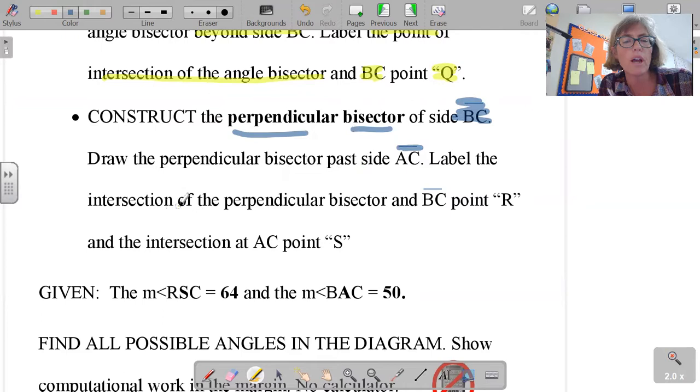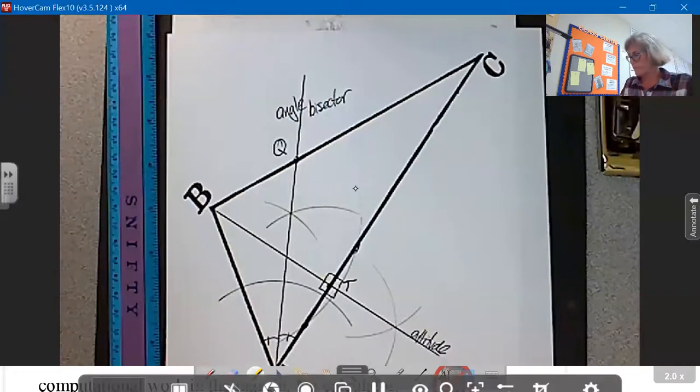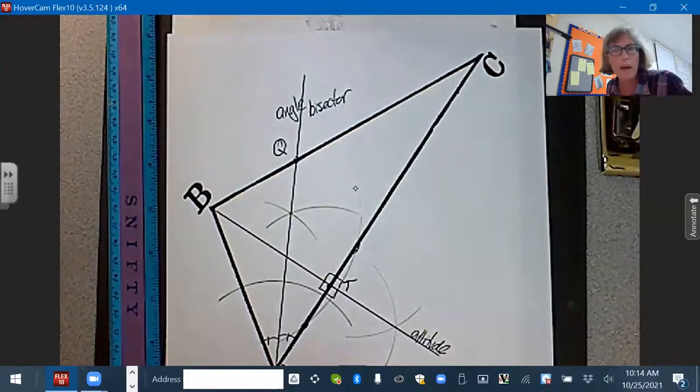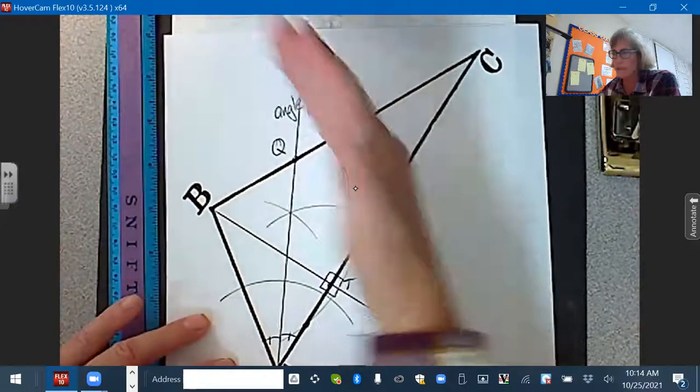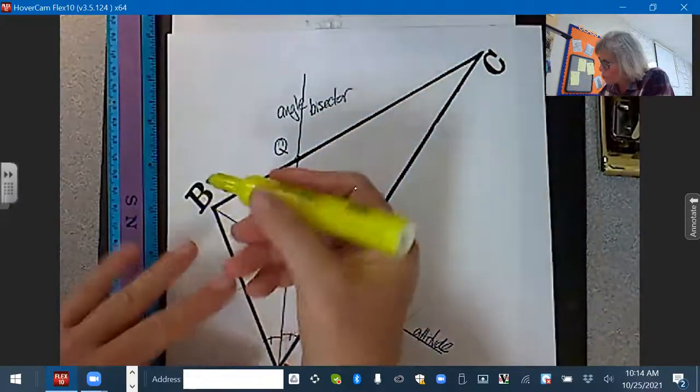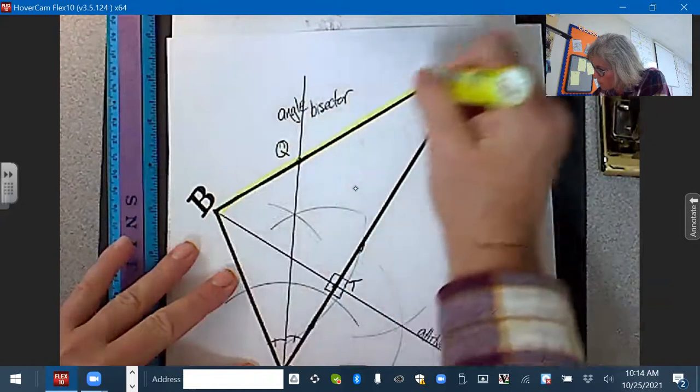Label that point of intersection, perpendicular bisector and BC, point R. Label the intersection at AC, point S. So a perpendicular bisector is a segment which is perpendicular and bisects. So that's of BC. So we're going to draw a perpendicular bisector of BC.